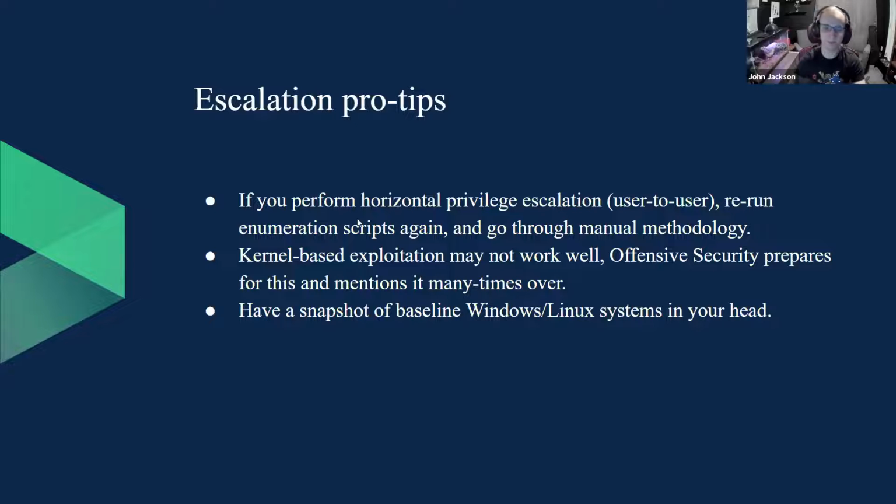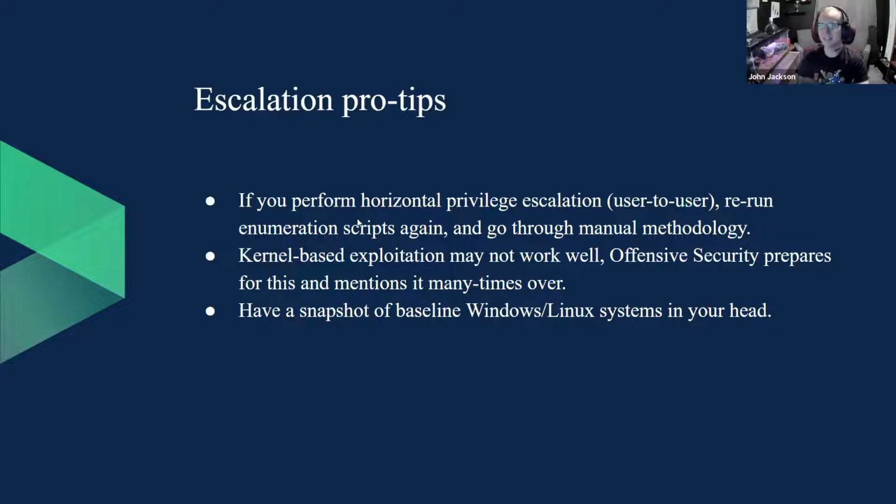So it's really important to have a snapshot or a baseline. What do I really mean by that? If you have a Windows machine, go and look at your file list and the standard directories that come on a Windows install and on a Linux install. That matters because if you don't know what is out of the ordinary, how are you really going to know what to exploit? That's where offensive security gets you in the privesc.